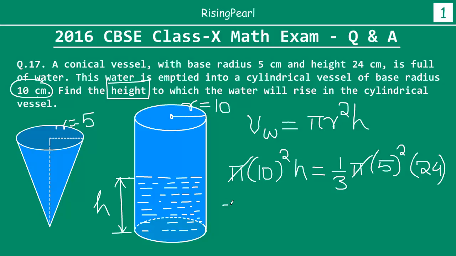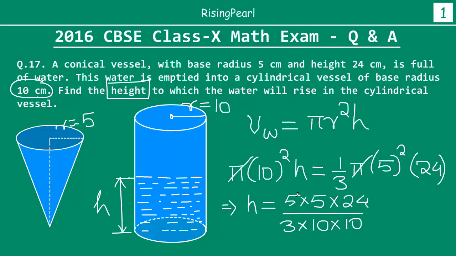So let's write it over here. We have h equal to, so 10 squared will come to the denominator because we're going to do cross multiplication, right? The numerator will be 5 times 5, just opening it up. So 5 squared is 5 times 5 times 24 divided by 3 times 10 times 10, right? So 5 ones are 5, 5 twos are 10, 5 ones are 5, 5 twos are 10.